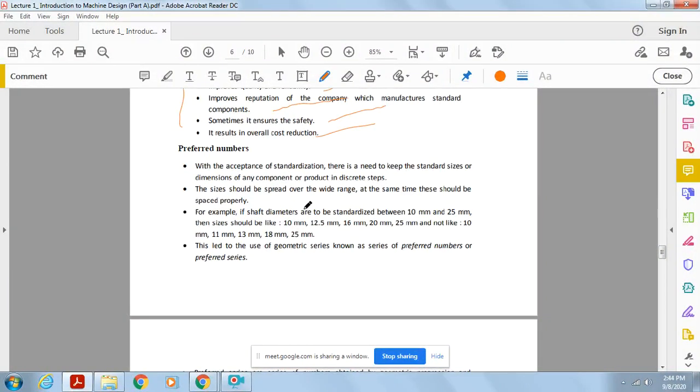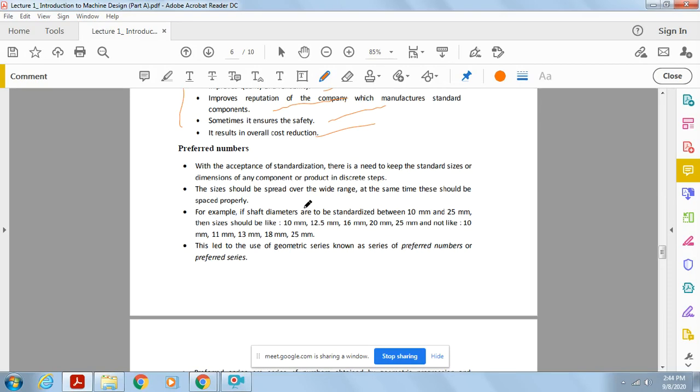It is not possible to manufacture all those different sizes. Like if the standard size is 10 millimeter, it is not possible to get an 11 millimeter diameter shaft. Then it is not possible to get a 12 millimeter size of shaft. So there are certain standards.